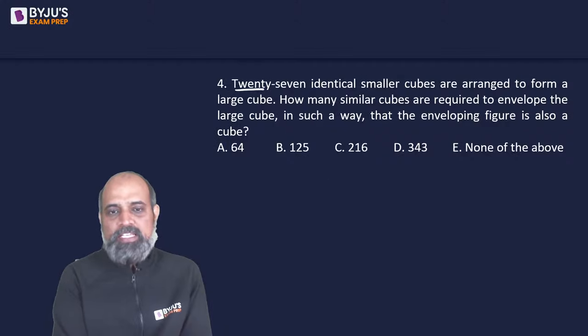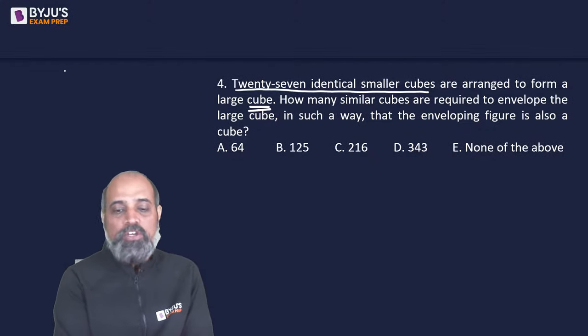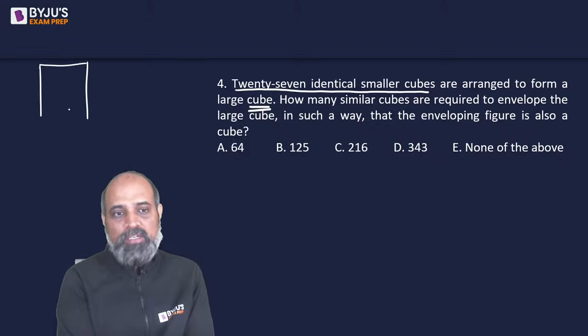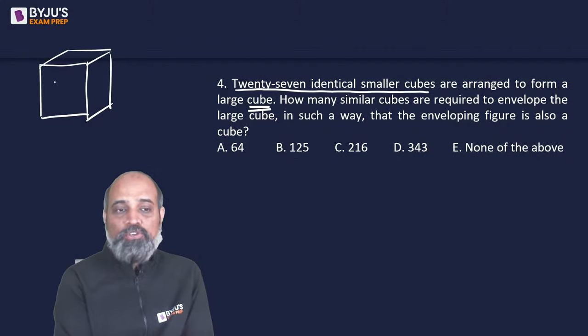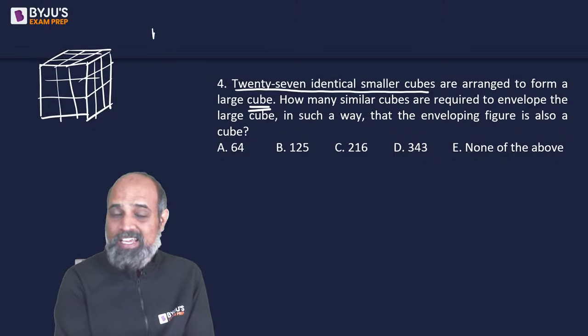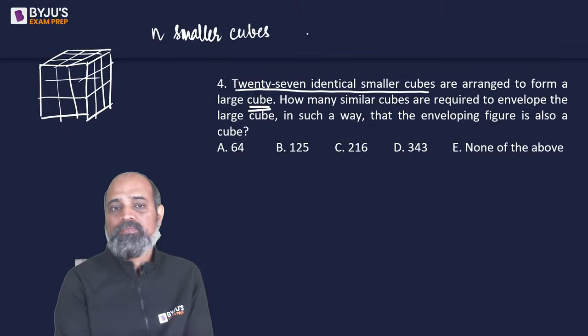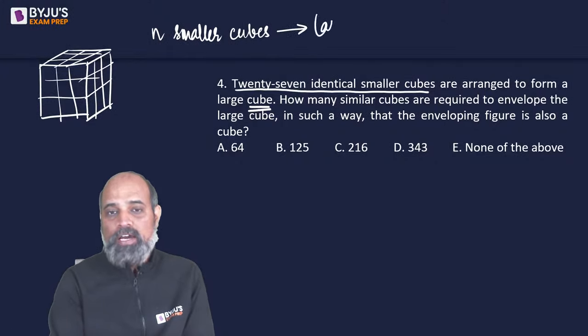So if we have 27 identical smaller cubes, we have to convert them back into a cube. For this, remember that in any cube, it doesn't matter how many slices are being made, if there are total n smaller cubes, they will add up to give you a large cube.